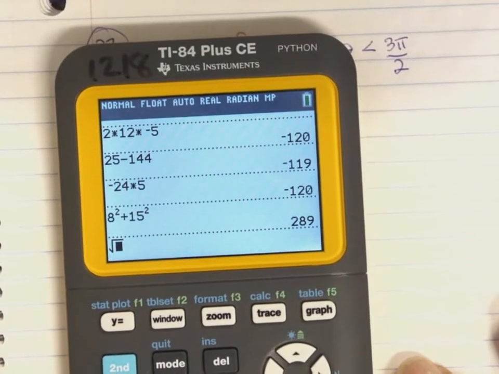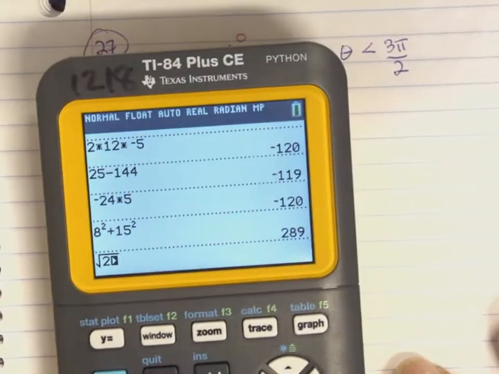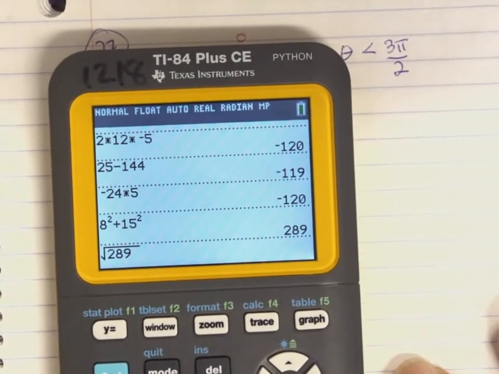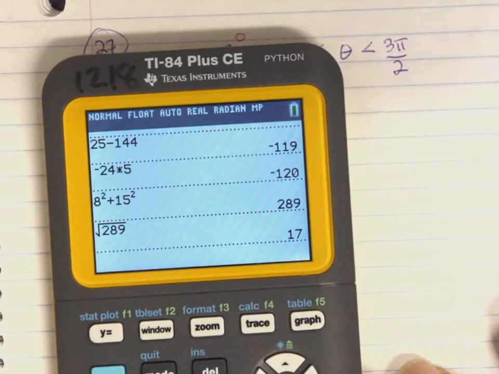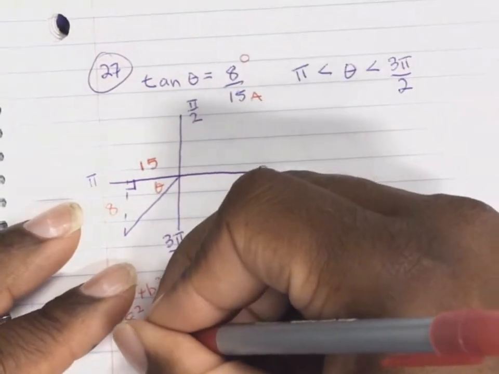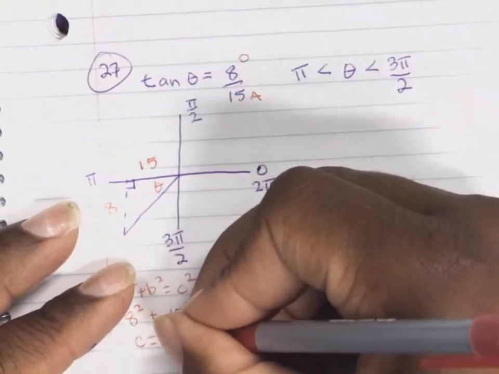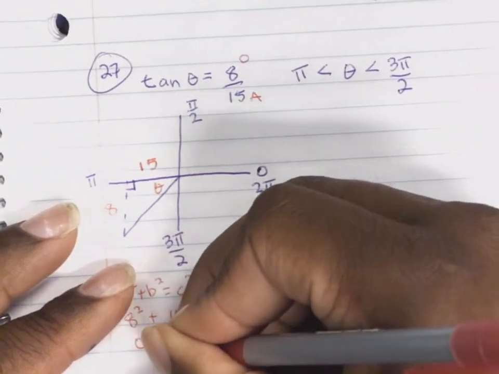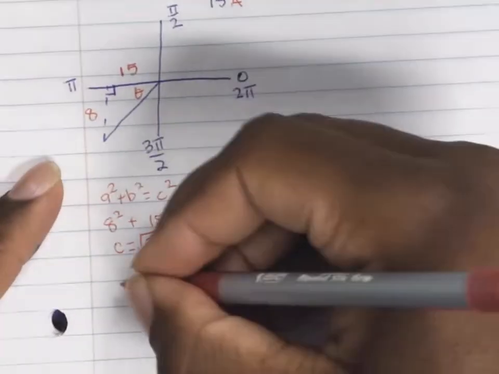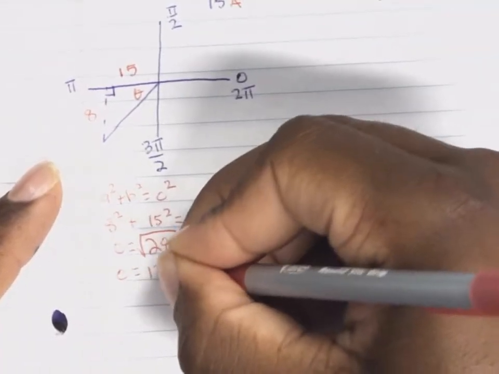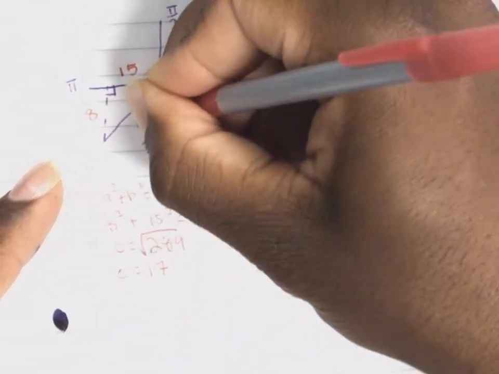Then I will see if this is a perfect square, and it is. So just to be clear, c squared came to equal 289, and then we took the square root of that to find that c equals 17. So this hypotenuse is 17.